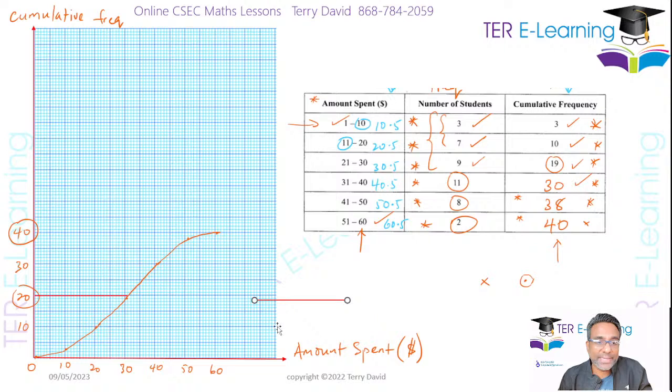Some people think the answer is 40. Sorry, the answer is 20. Please don't do that. Once you find half of it, the next thing we need to do is to actually read it off from the graph.